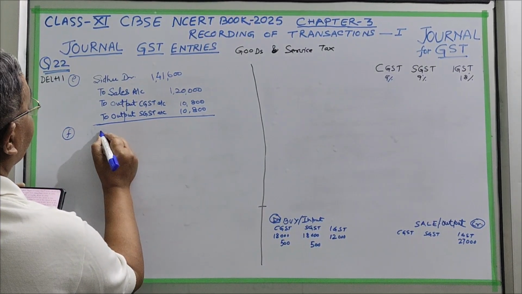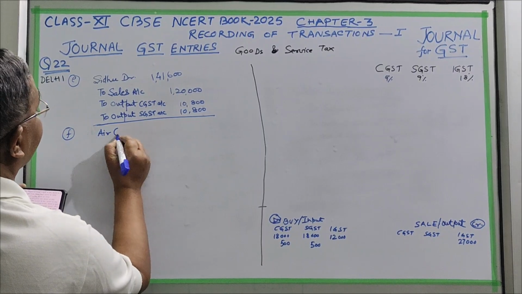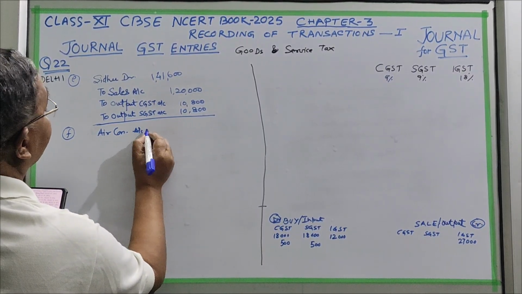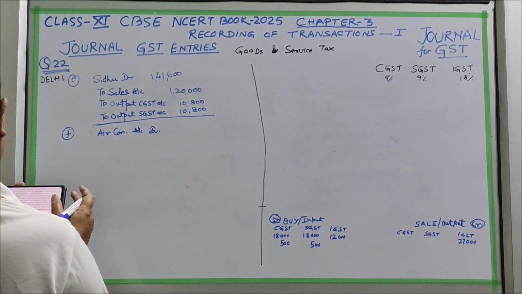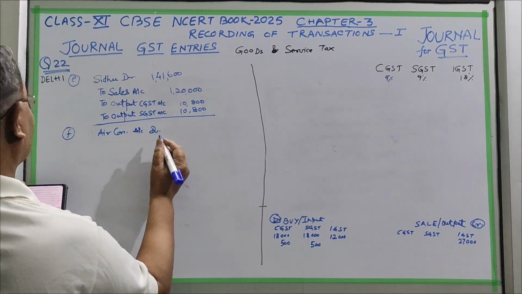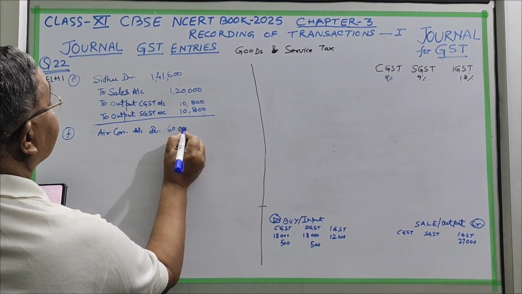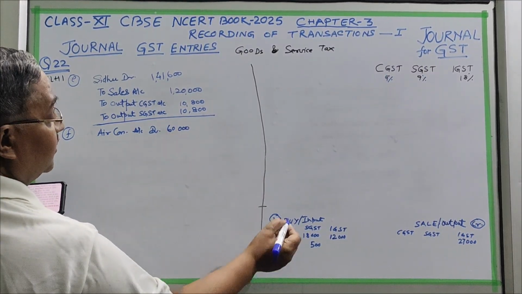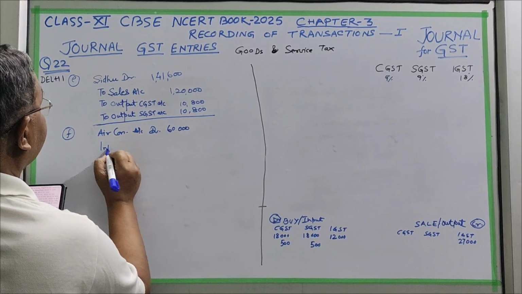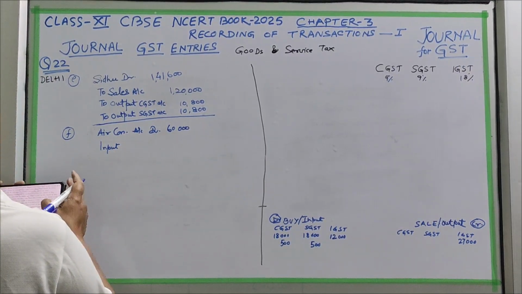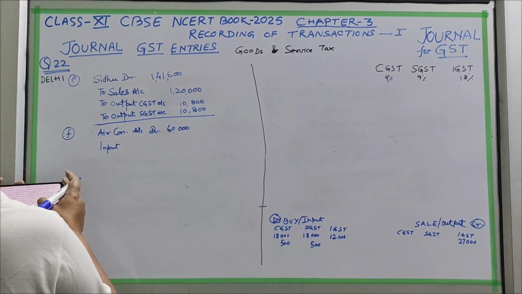Air condition account debit, you have bought for 60,000. When it is debit, we use input, as it is locally purchased.